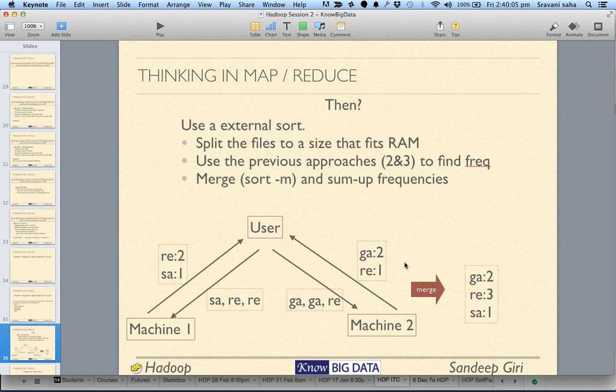Like in this case, re is common at machine 1 and machine 2. Therefore you will have to put effort into merging these frequency tables.